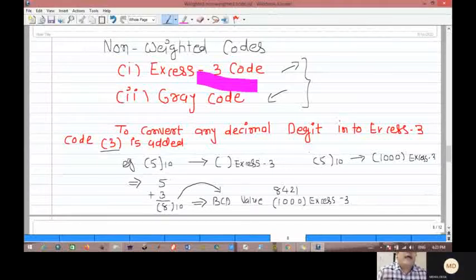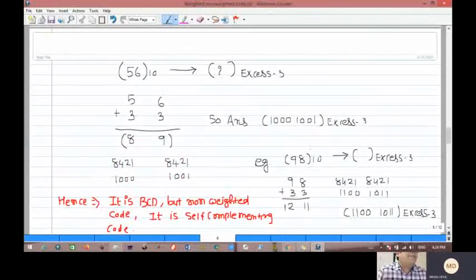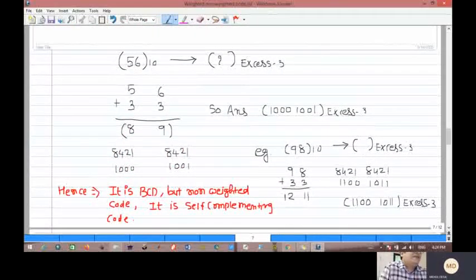Now similarly, take one more example. 56 is given. What is the excess-3 code? The first digit is 5, so we add 3 to 5 and 3 to 6, giving 8 and 9.